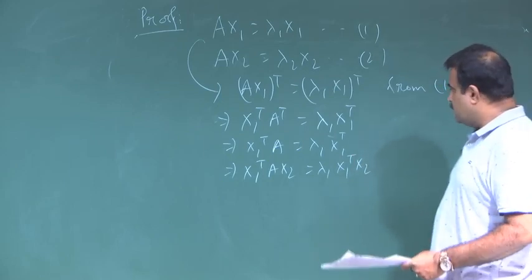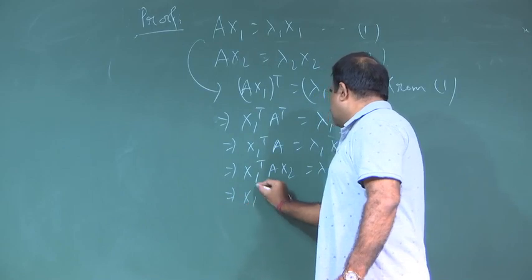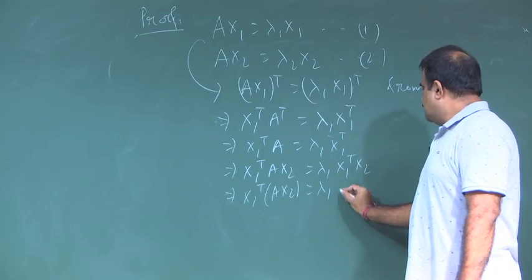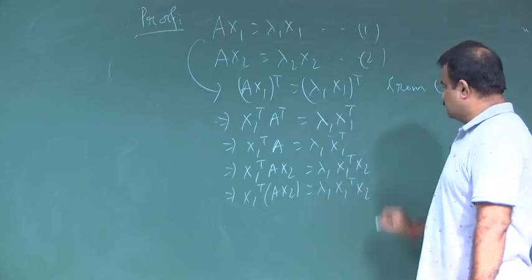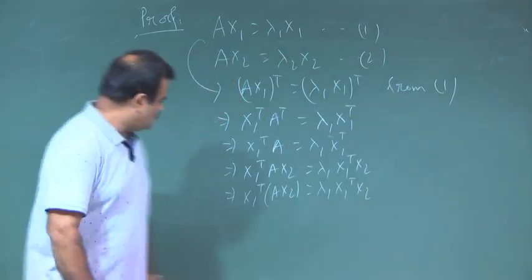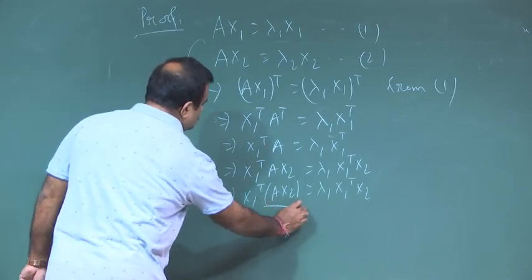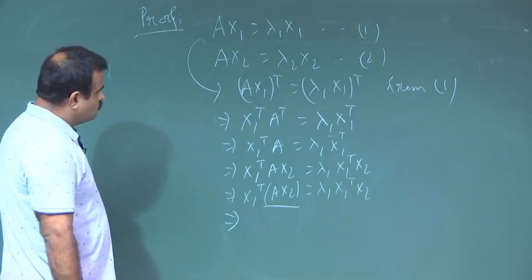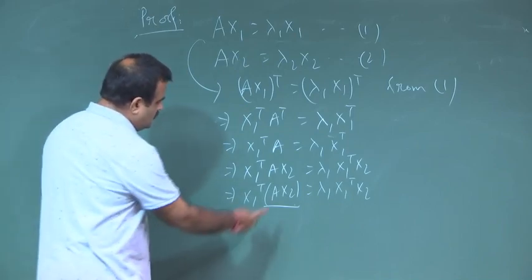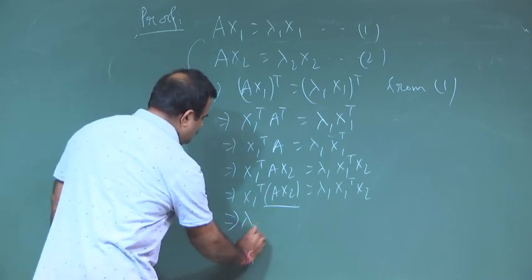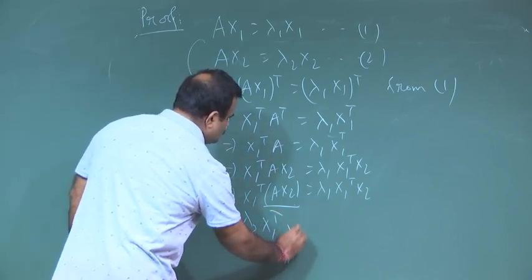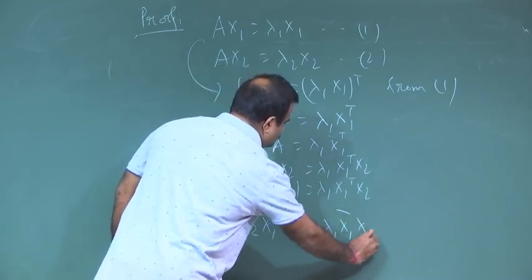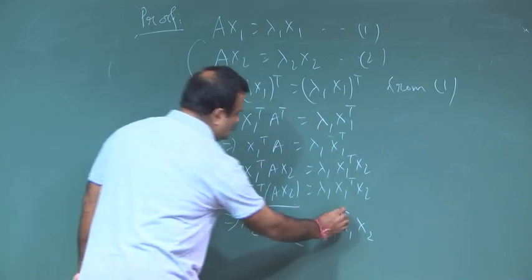So, now by the associativity property of matrix multiplication, x 1 transpose (A x 2) equals lambda 1 x 1 transpose x 2. Now, we can use equation 2. So, this will give us lambda 2 x 2. Okay, so lambda 2 we can take outside. So, lambda 2 x 1 transpose x 2 is equal to lambda 1 x 1 transpose x 2.